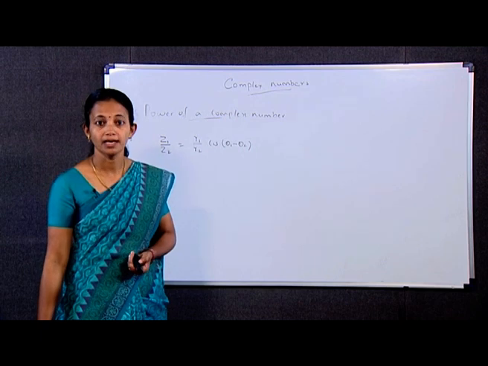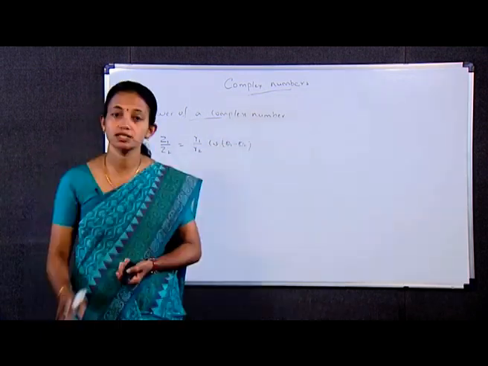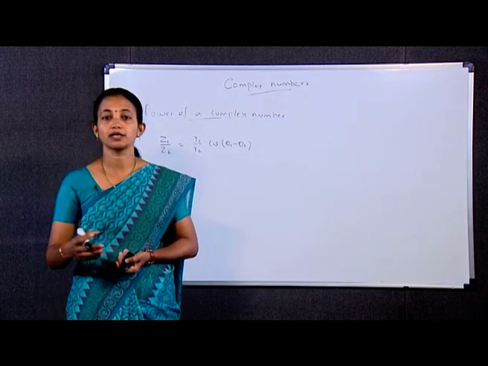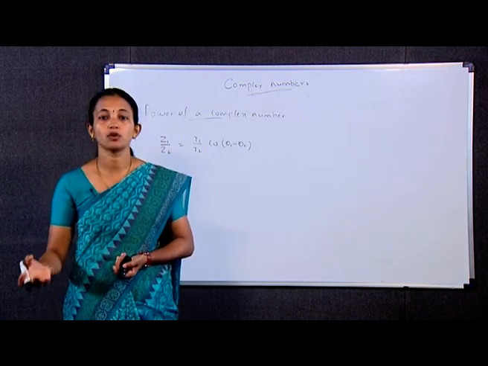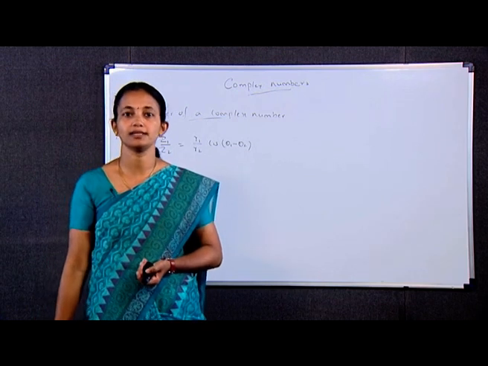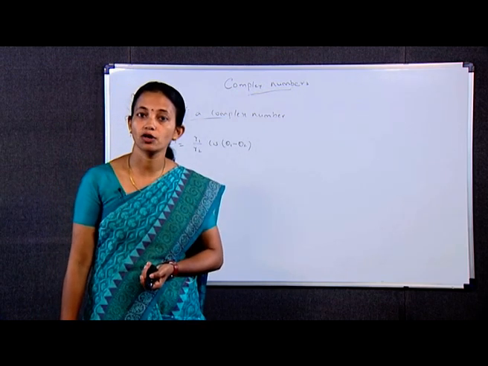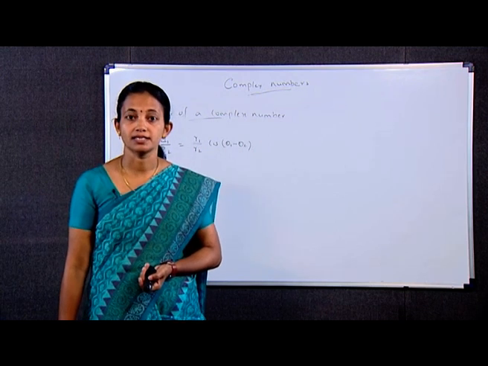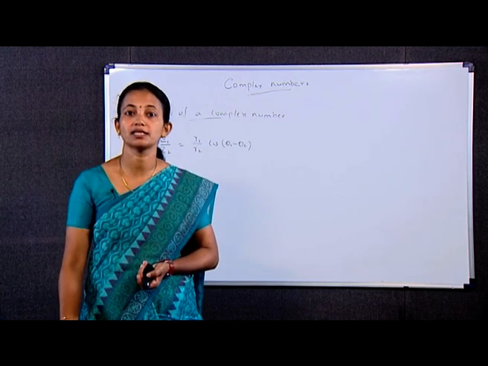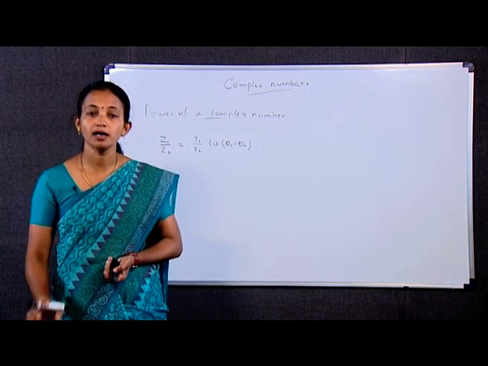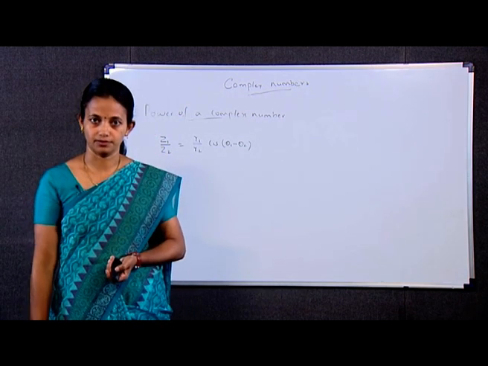In particular, with z1 equal to r cos 0 plus i sin 0, and z2 equal to z, which is equal to r cos theta plus i sin theta, a non-zero complex number, the multiplicative inverse z inverse is equal to 1 by z, which is equal to 1 by r cis minus theta.